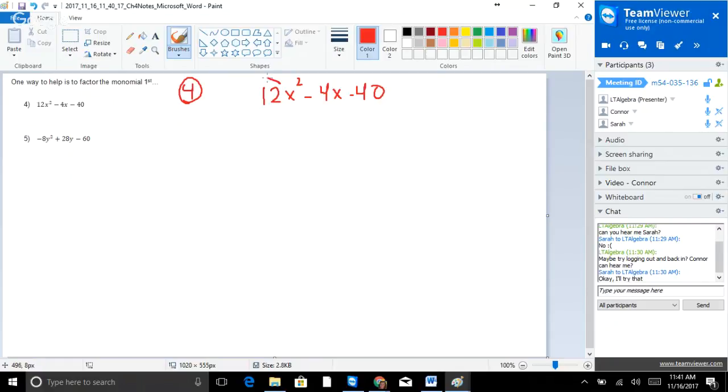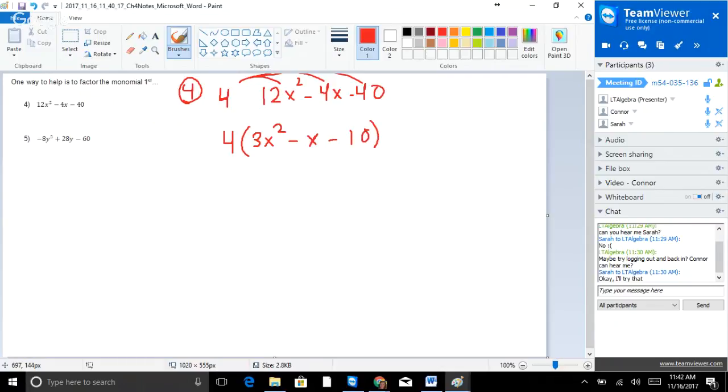So I'm going to basically reverse distribute and pull out my 4. When I pull a 4 out of 12x squared, I get 3x squared; minus, and I pull a 4 out of 4 times x, so minus x; and I pull a 4 out of 40, 10.